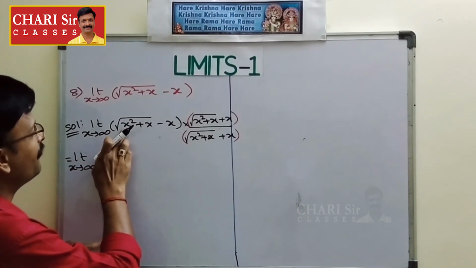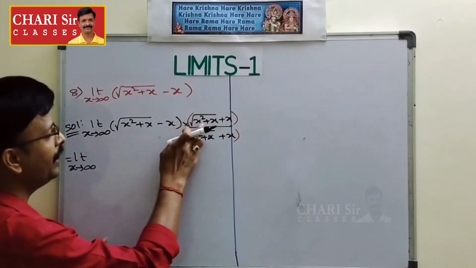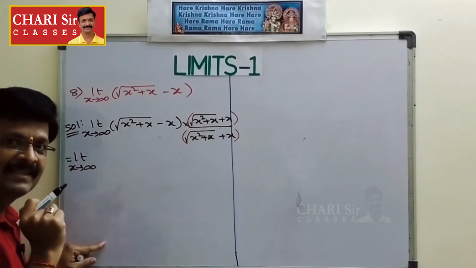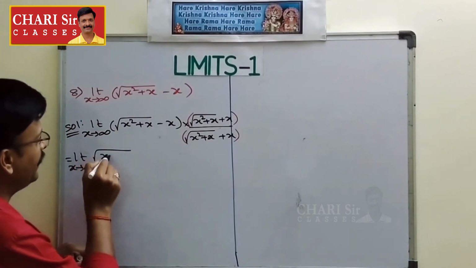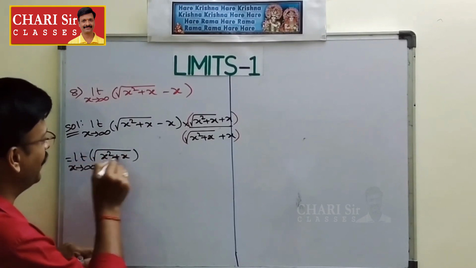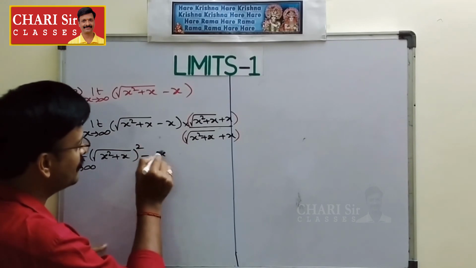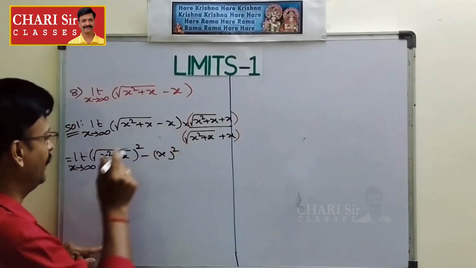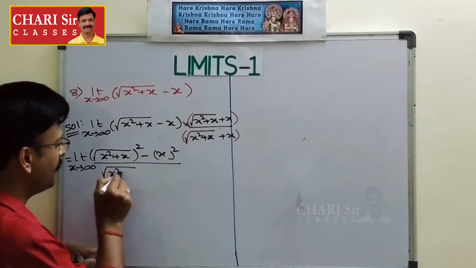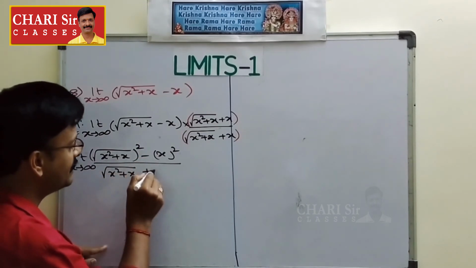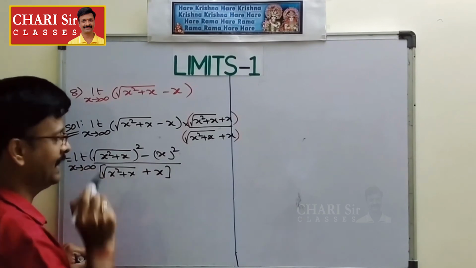Now it is in the form of a minus b into a plus b, which is a square minus b square. Let's write down here root of x square plus x whole square minus x whole square, because b square, by root of x square plus x plus x. So write down as it is.